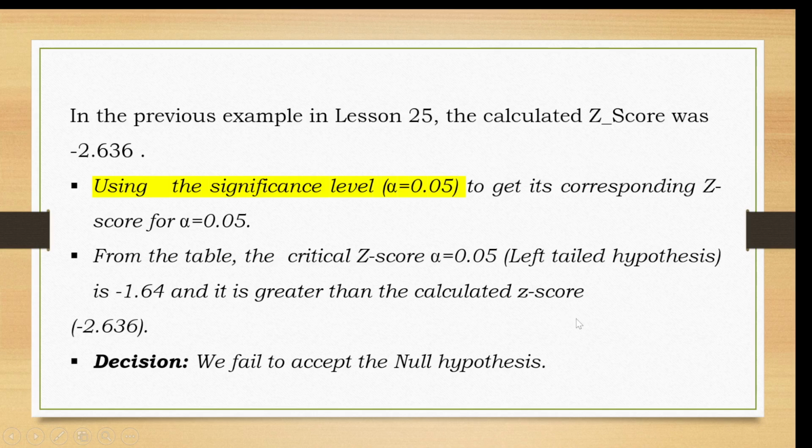Now, let us see how we make the decision to reject or fail to reject the null hypothesis.